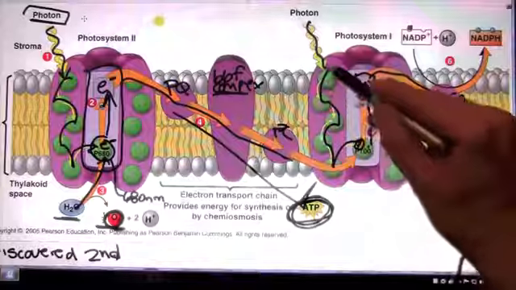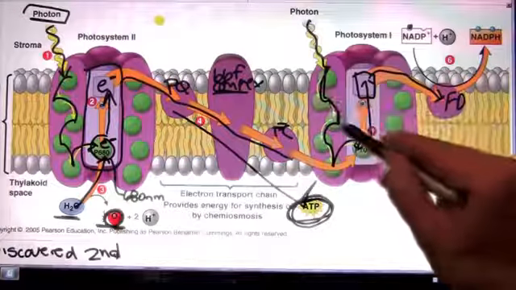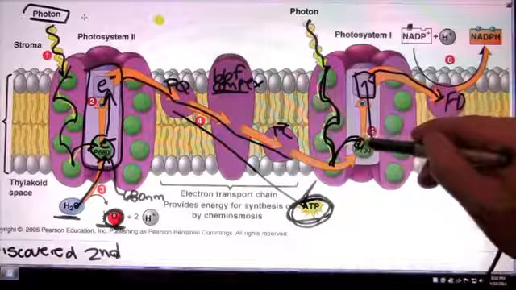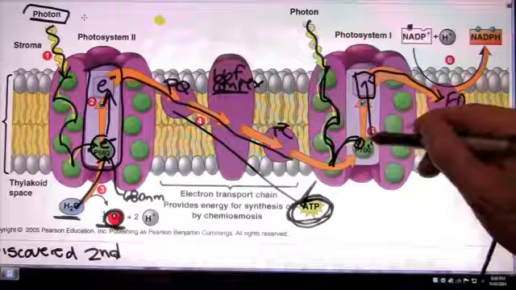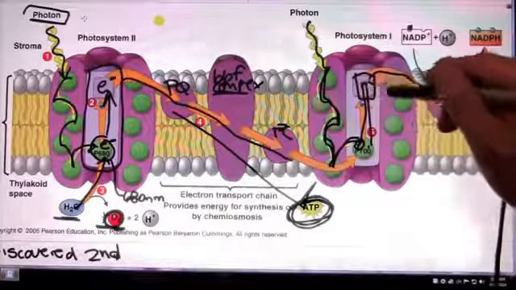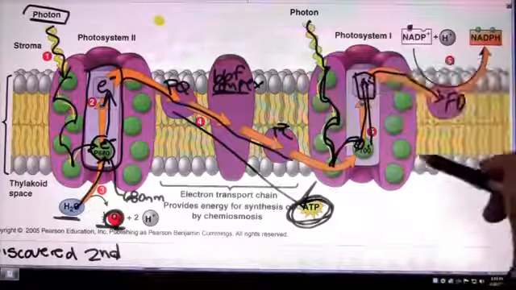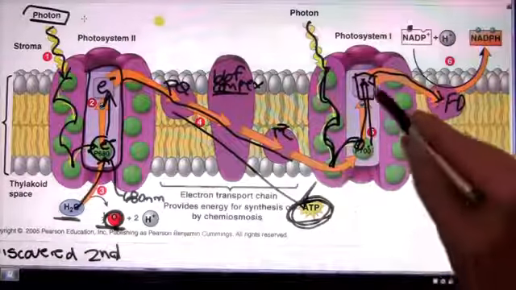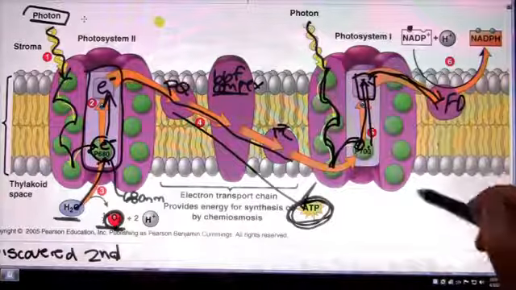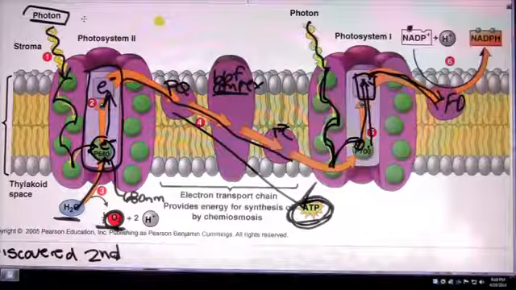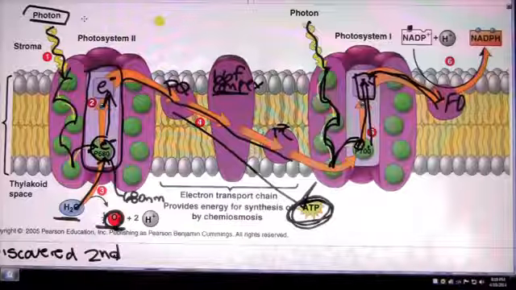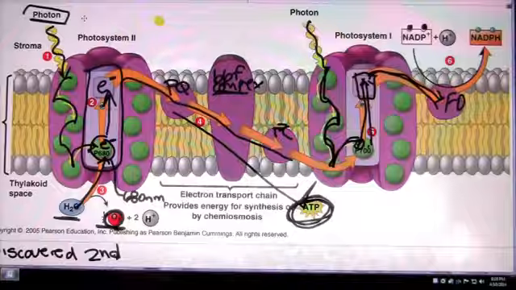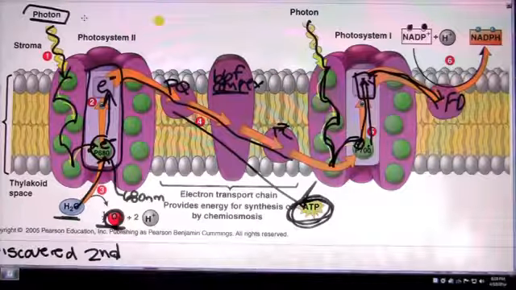The photon, same process, bounces from light harvesting complex to light harvesting complex and excites this electron, which jumps energy state up to the reaction center once again, just as the first electron. And then it moves down the second electron transport chain to the ferredoxin complex, where the NADP plus reductase then collects it and becomes NADPH.